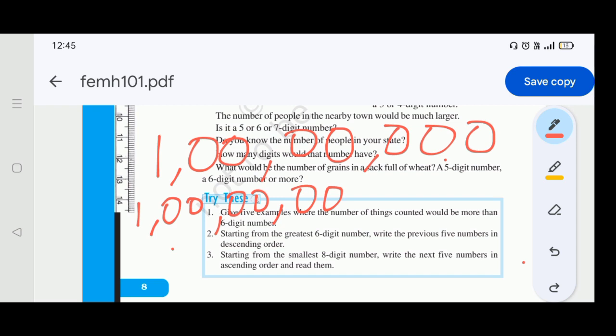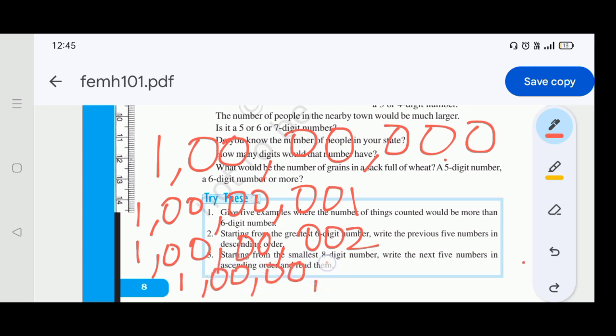5 numbers. So first would be 1 crore 1. Next it would be 1 crore 2. Next 1 crore 3. Next 1 crore 4.